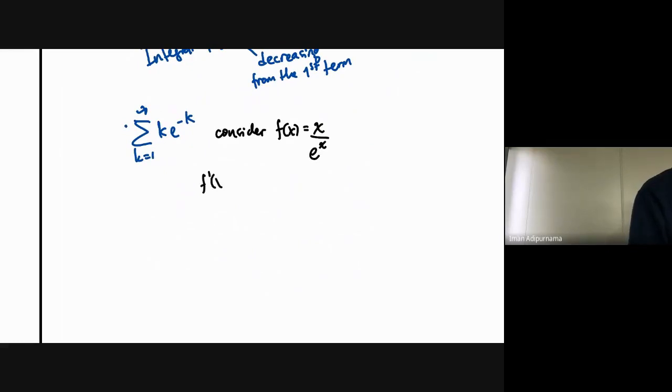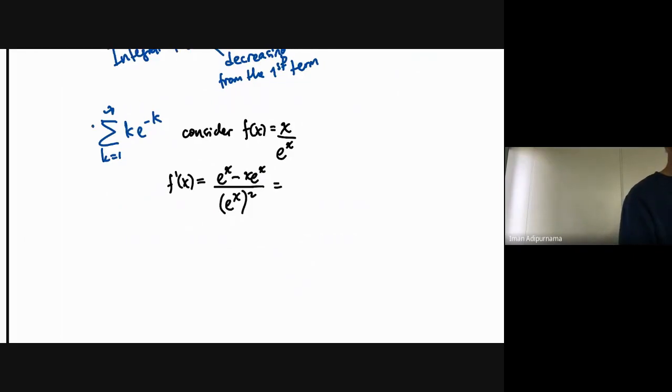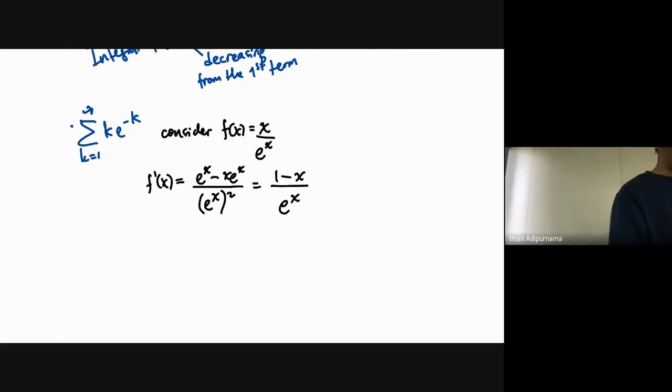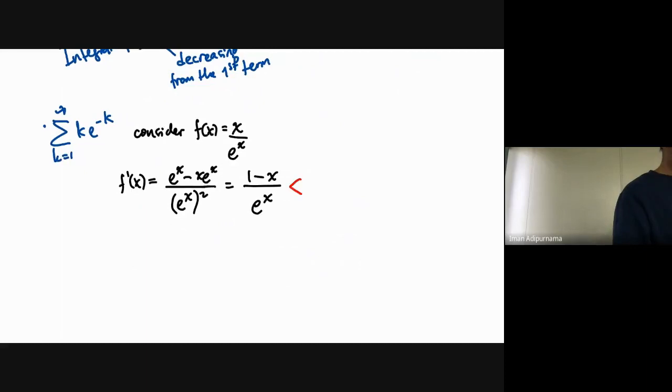We find the first derivative, and then it will be e to the x minus x e to the x. And we can divide all by e to the x, so (1 minus x) over e to the x. And to be decreasing, it should be less than 0.